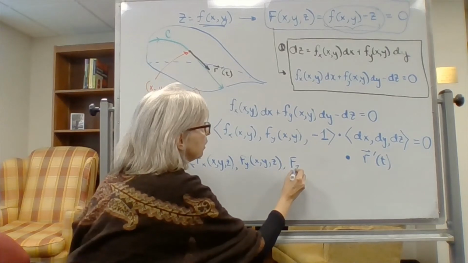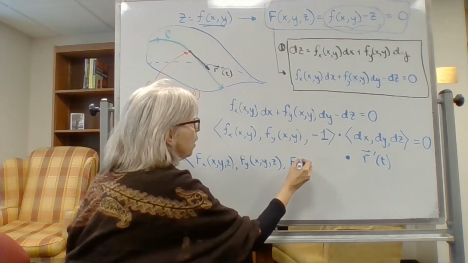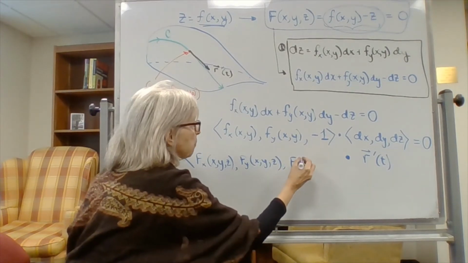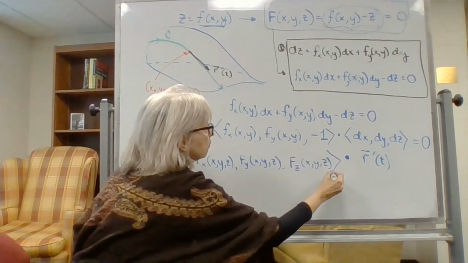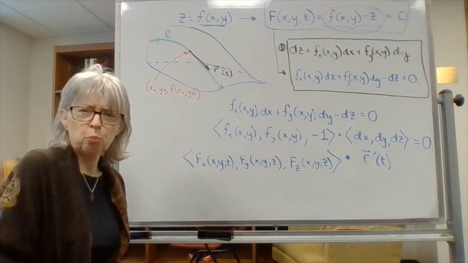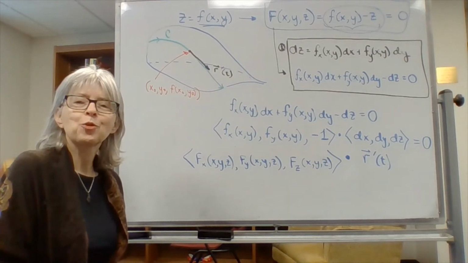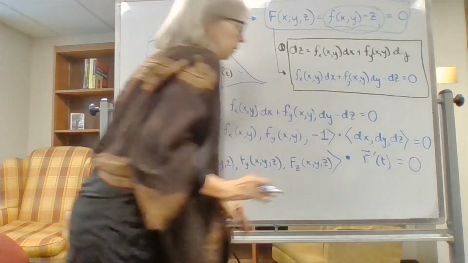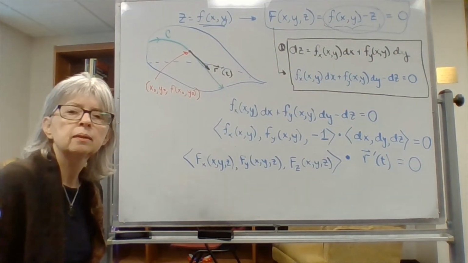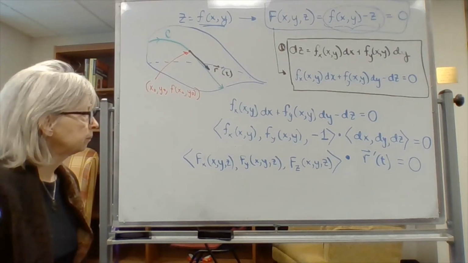So that little piece down here on the end, that minus 1 component, is the partial of that big F with respect to z.